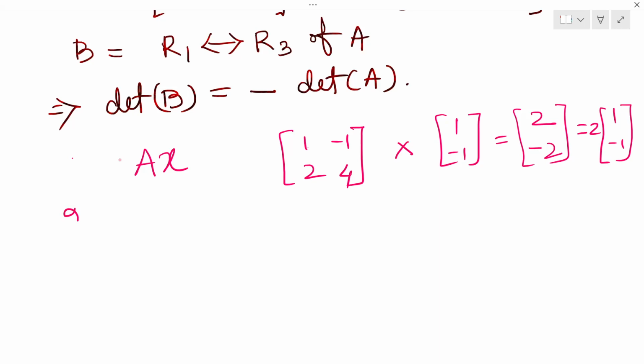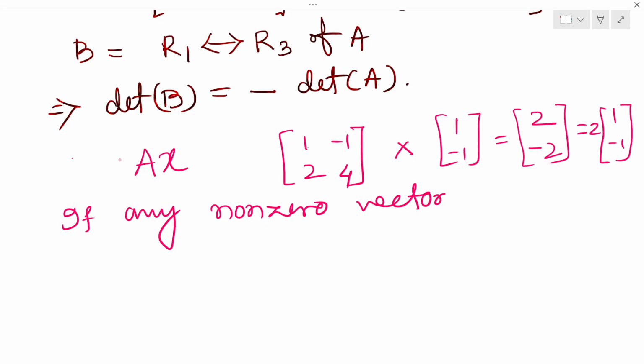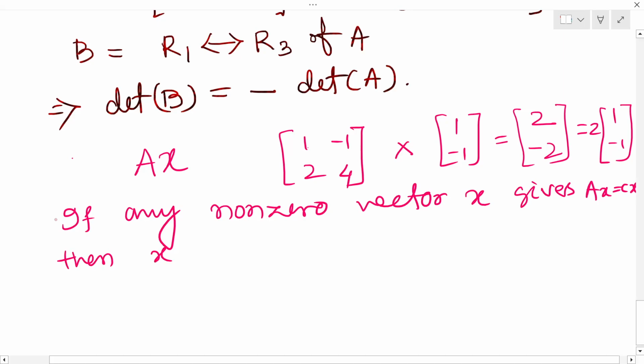If any non-zero vector X gives AX equal to cX, then X is an eigenvector of A.